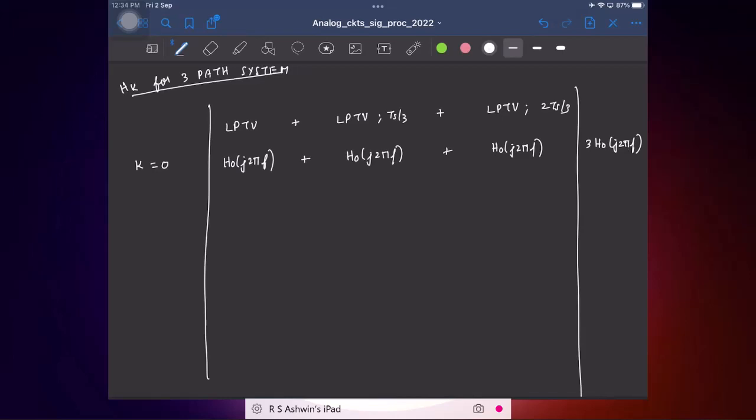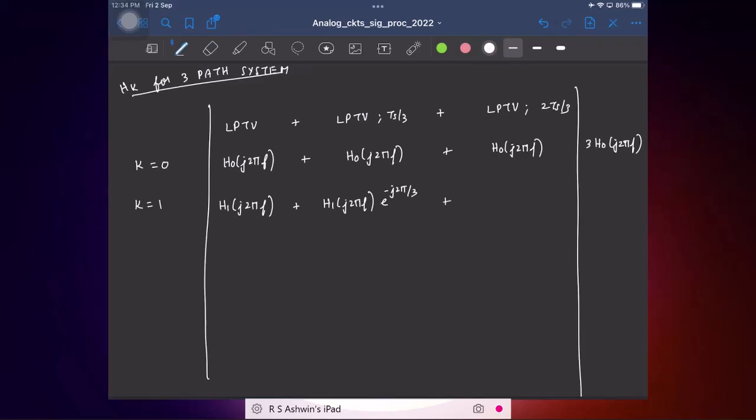So now let us take k as 1. For the undelayed network, it is h1 of j2 pi f. Now for the system where we have a delay of Ts by 3, what will we have? Times e power minus j2 pi k times fs, k is 1, fs times the delay, which is Ts by 3, and Ts is 1 over fs, so these two get cancelled, 2 pi by 3.